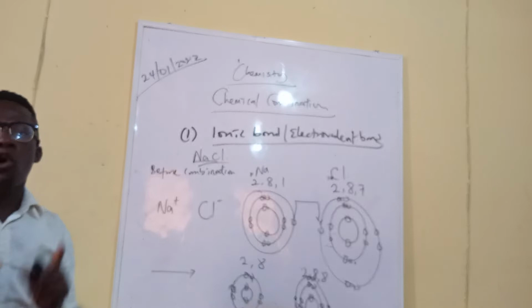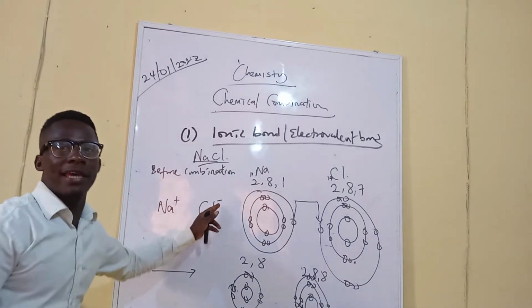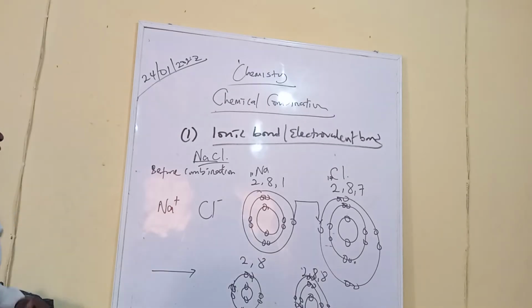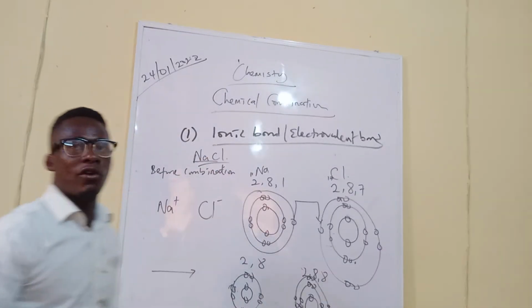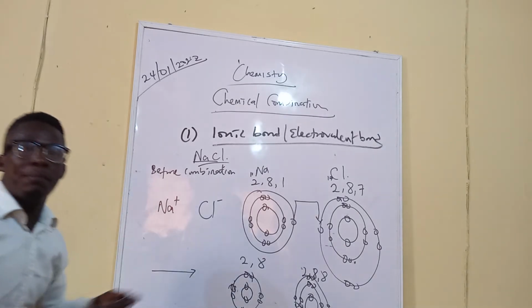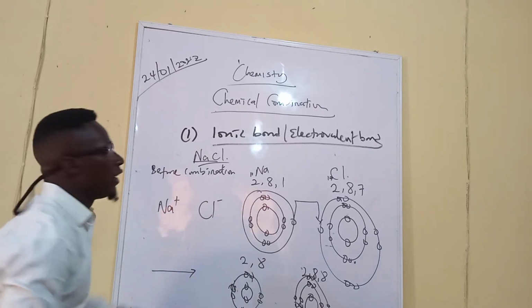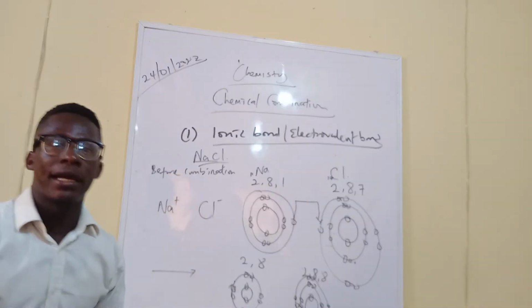This plus shows that sodium has lost one electron and chlorine has gained one electron, and that is why we call them ionic bond, because by transfer of electron the atom becomes an ion. So the bond that exists between these two is called ionic bond.